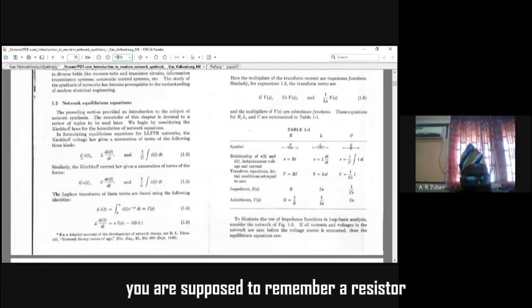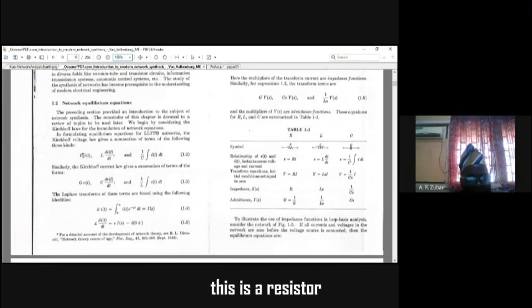You are supposed to remember a resistor. This is a resistor, one of the passive elements. I is the current, V is the voltage.